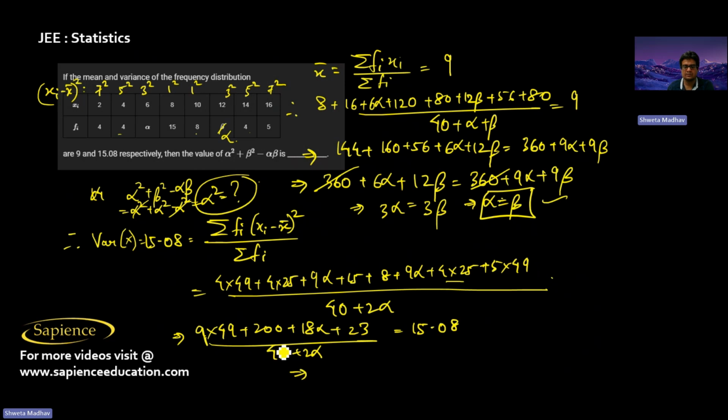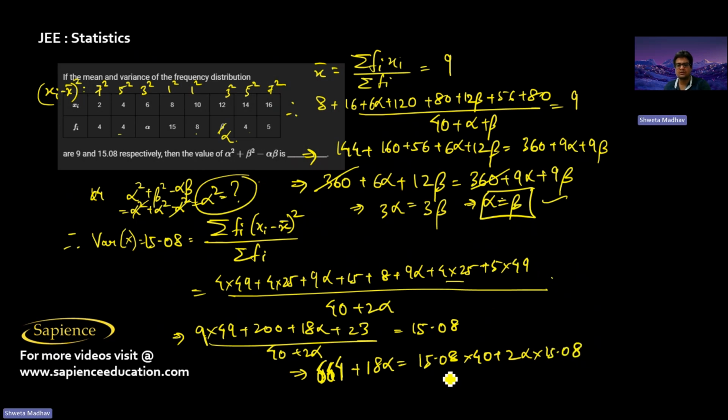So 9 9s are 81 and 4 9s are 36, so 441 plus 200, that is 641, 641 plus 23, that is 664 plus 18 alpha, that is equal to 15.08 into 40 plus 2 alpha into 15.08.